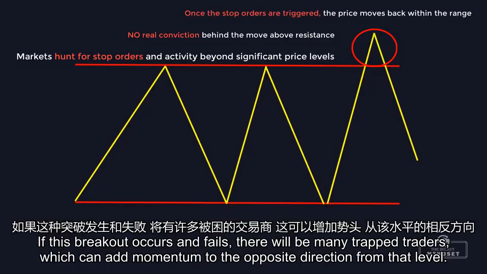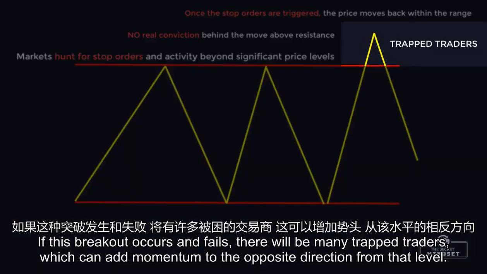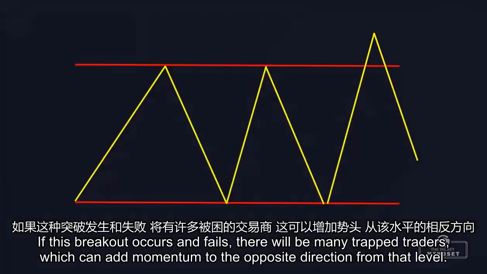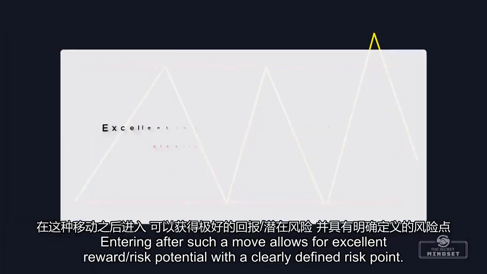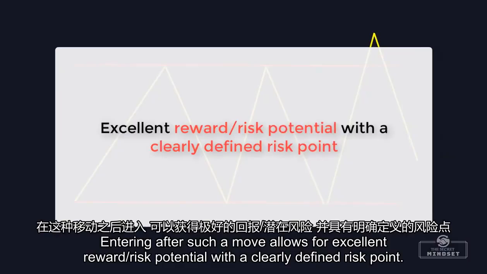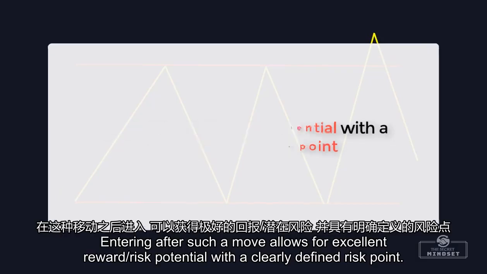If this breakout occurs and fails, there will be many trapped traders, which can add momentum to the opposite direction from that level. Entering after such a move allows for excellent risk-reward potential with a clearly defined risk point.